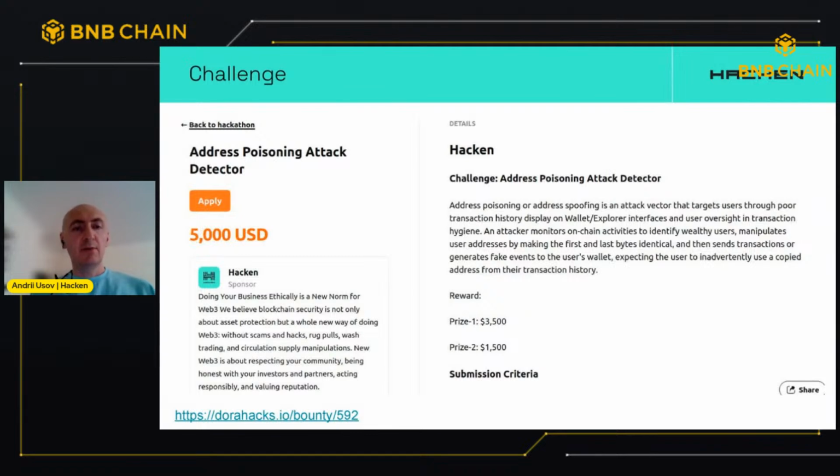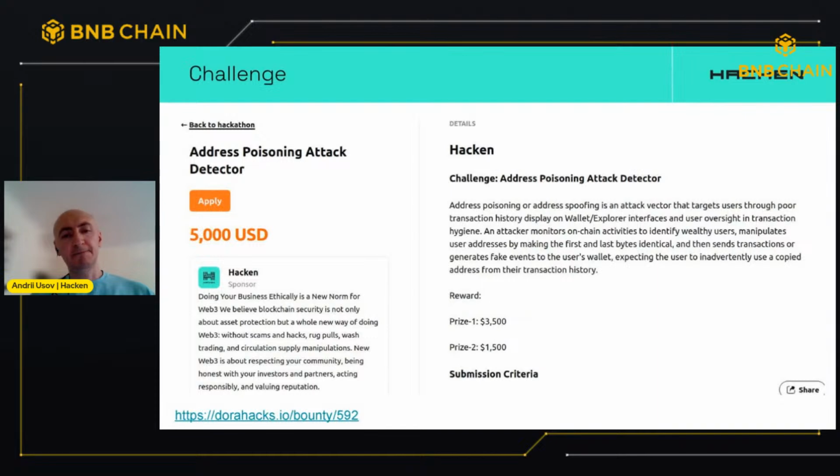That's the reason why, as a part of the BNB Chain challenge, we created at Hacking the options which you can apply for address poisoning attacks: develop an address poisoning attack detector. We describe here the requirements for attack detection, because the options for detection can be many.